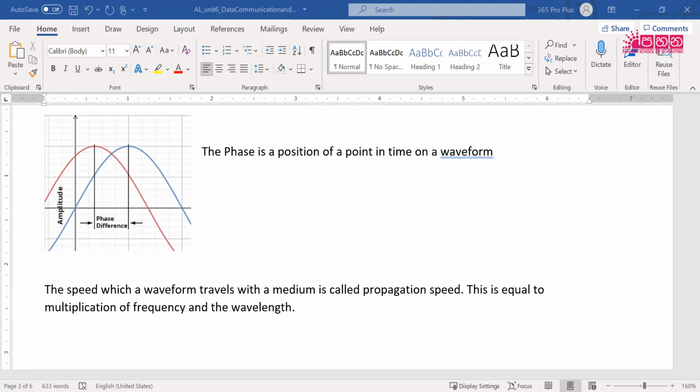Then we are going to talk about more details. So let's look at this part.